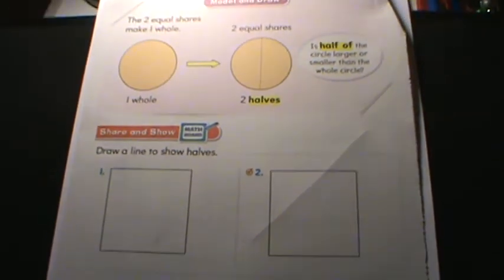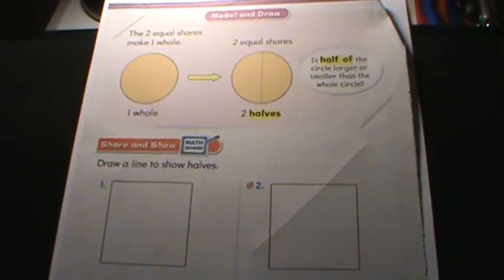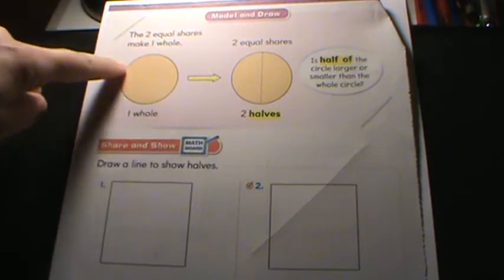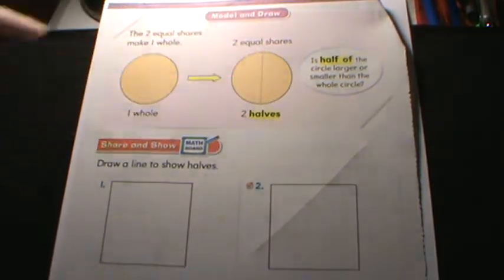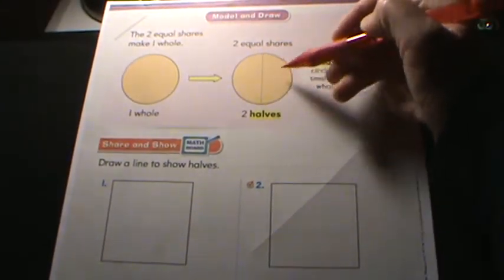So, looking at the model and draw, it says the two equal shares make one whole. So if you have one whole circle here, when you cut it into two halves, those are your two equal shares. This is one share, this is your second share.